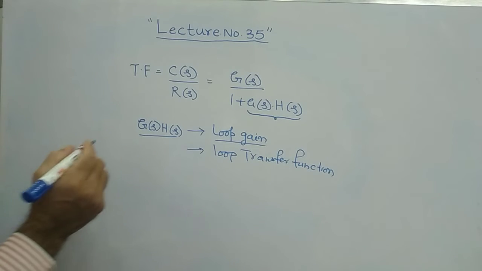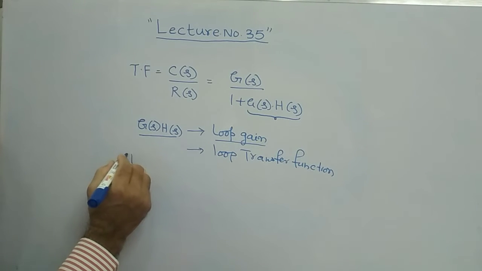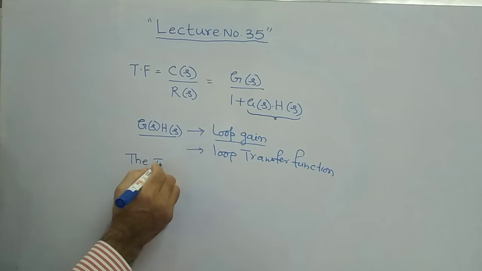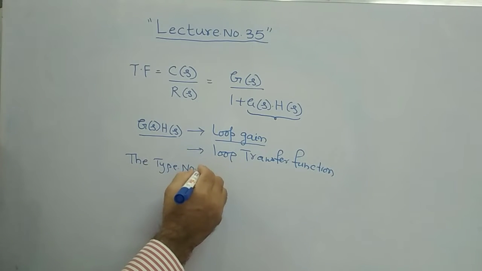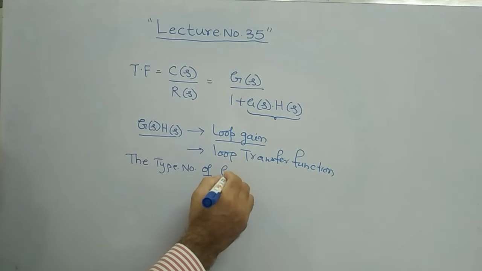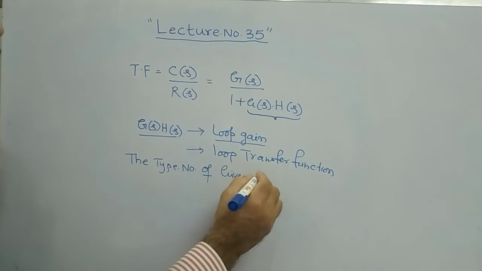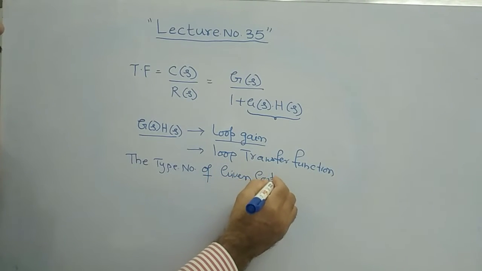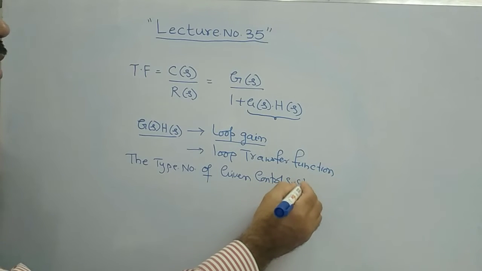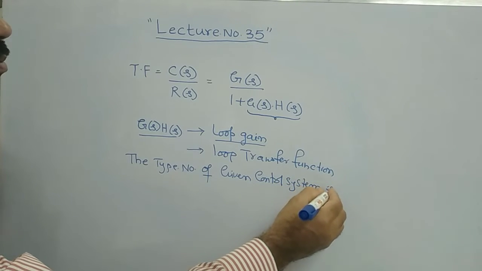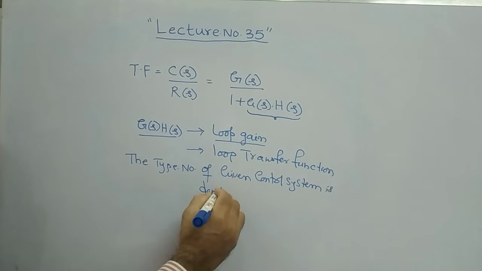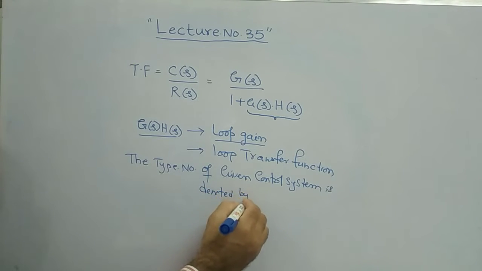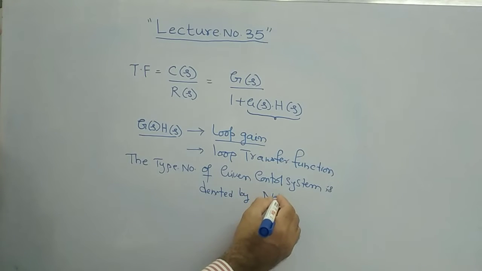So the type number of a given control system is denoted by capital N, basically, remember.